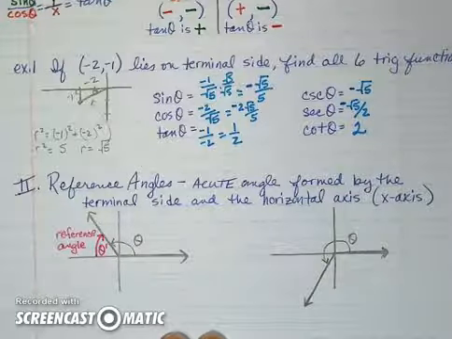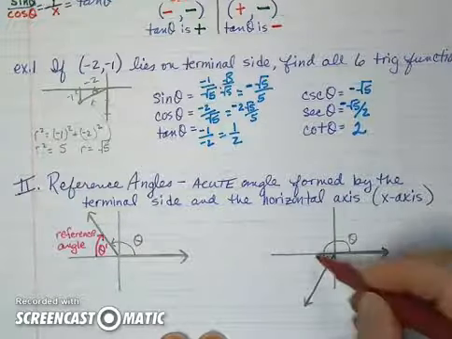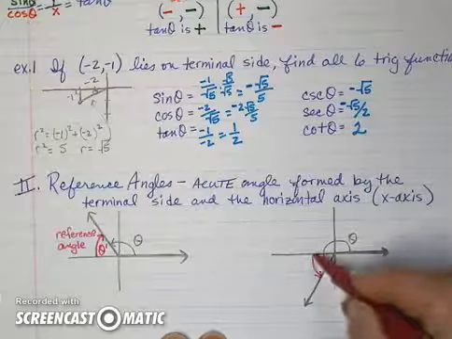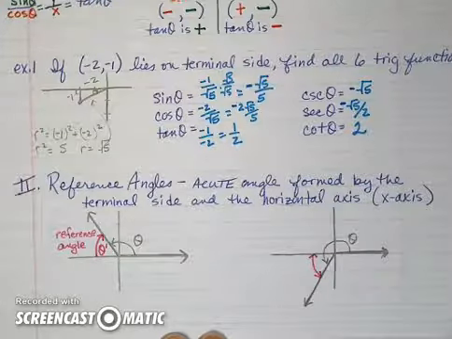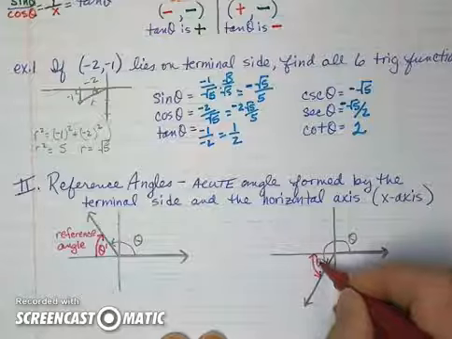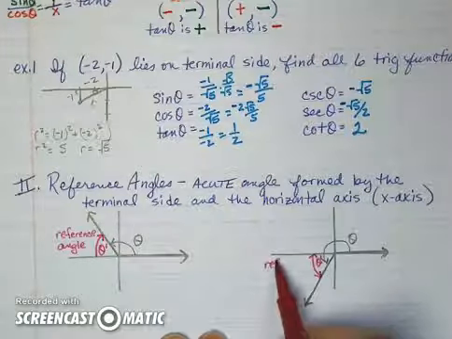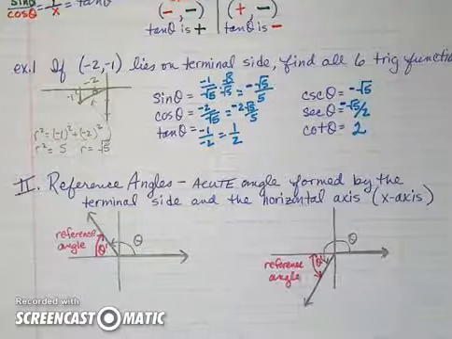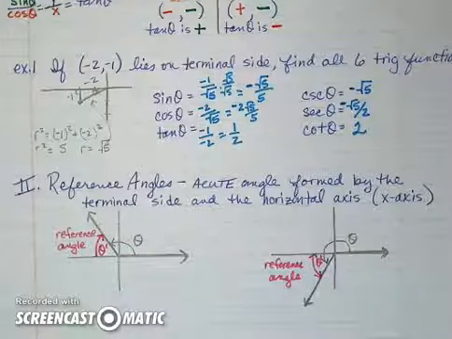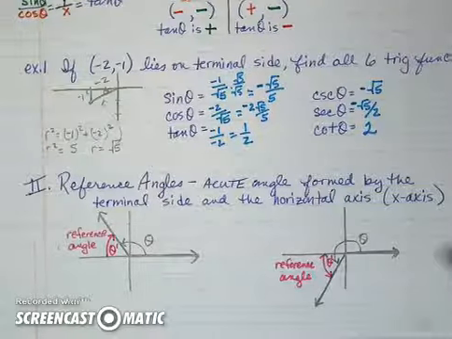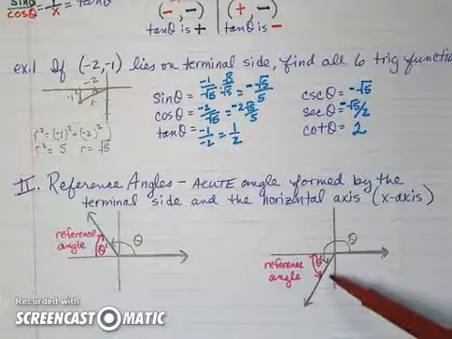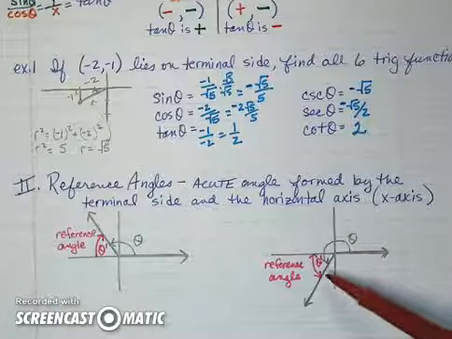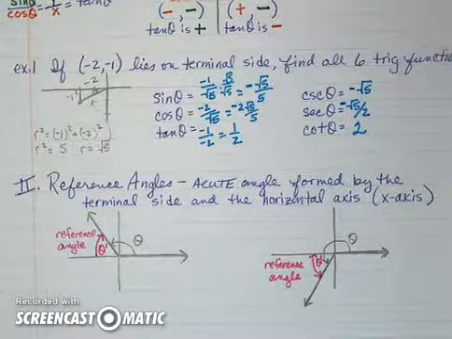Your reference angle here would be this angle, what it would take to get to the horizontal axis. So sometimes I'm just going to ask you, what is the reference angle for, and you have to subtract from 180, or here you could subtract 180 from the angle you're given, and you would know what was left. All right, let's move on.